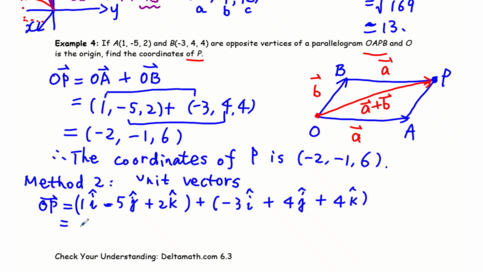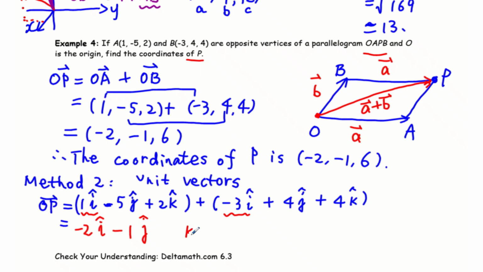Then we do the same thing, collect the like terms. In the i direction, 1 minus 3 is -2, and in the j direction, -5 plus 4 is -1.